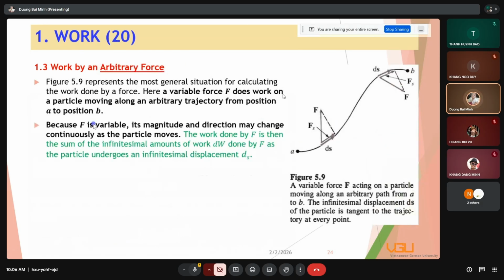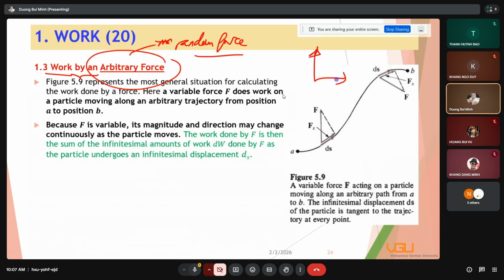So now we have the work done by an arbitrary force, a random force. If we have a random force, it depends on how many dimensions.